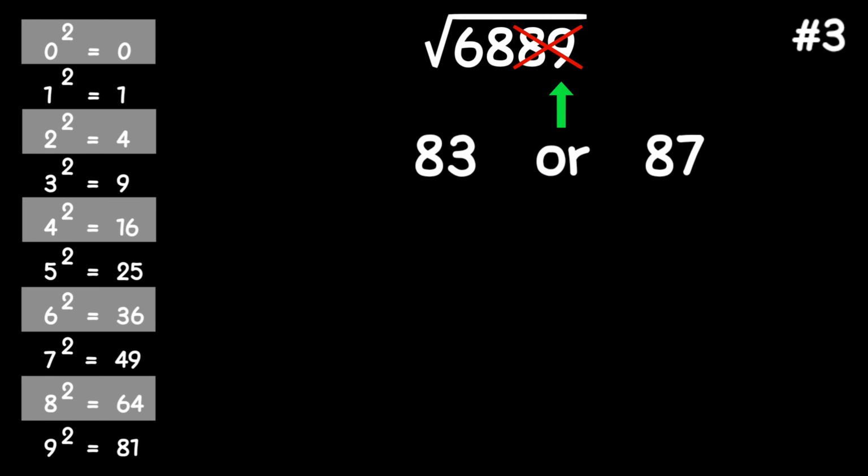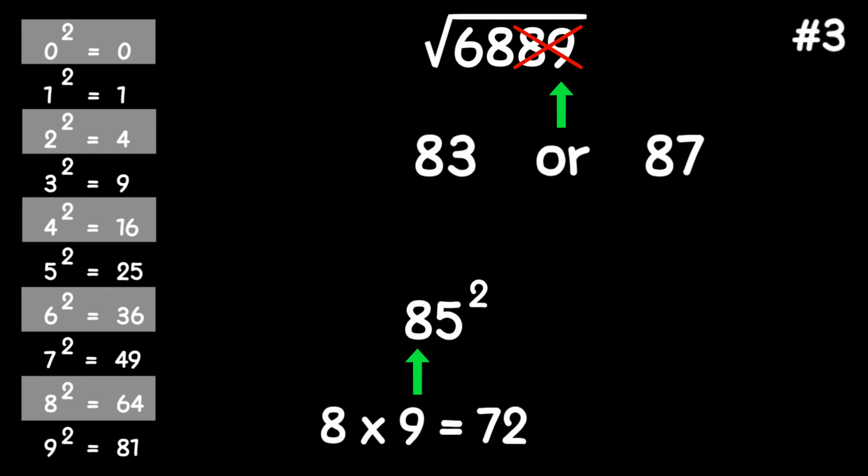To find the answer, we need to calculate the square of any number between 83 and 87. The easiest one is 85 squared. Because for numbers ending in 5, there is a simple method to calculate the square. Take the part of the number before 5, in this case 8. Multiply it by 1 more than itself, that is 8 times 9 equal to 72.